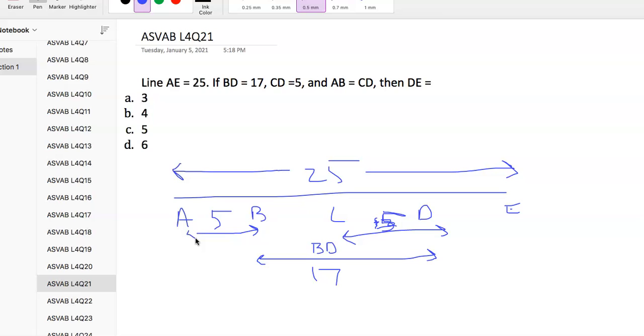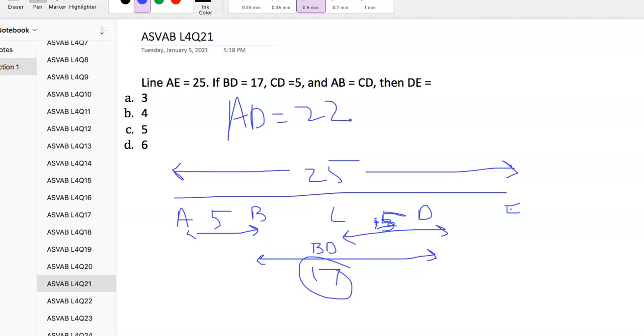Okay, so we have all these figured out, right? So from B to D was 17 right here, yeah? That was BD. AB is 5. So we've got 17 and 5, which adds up to 22, equals AD. Right?